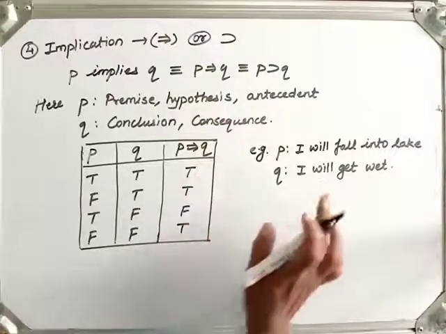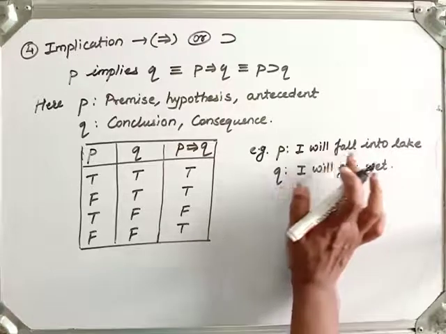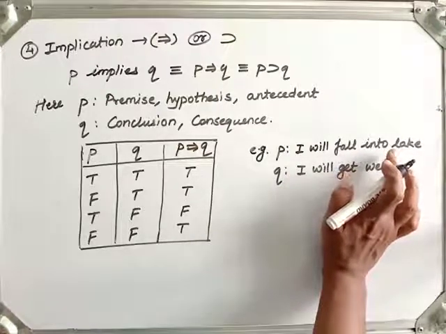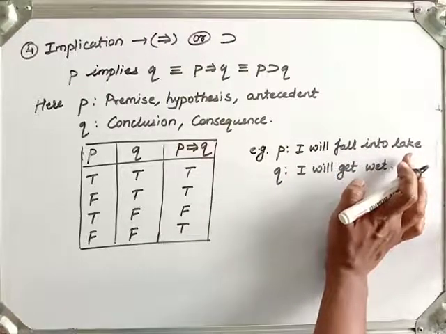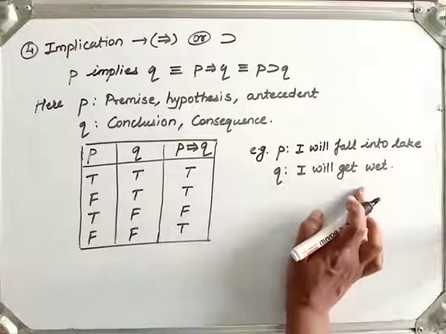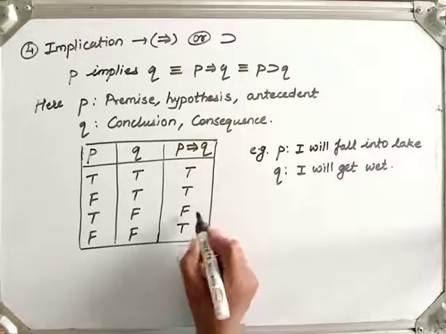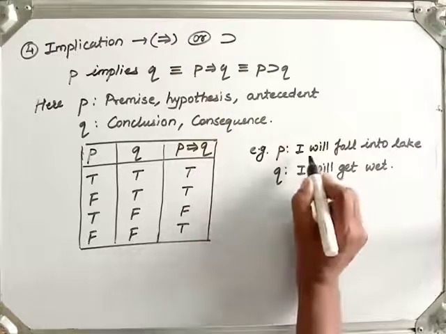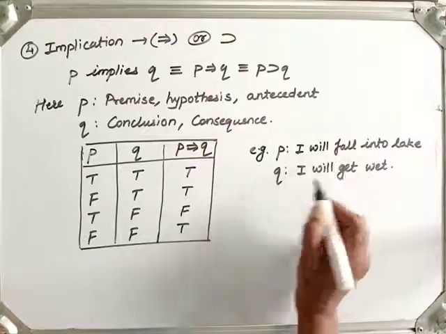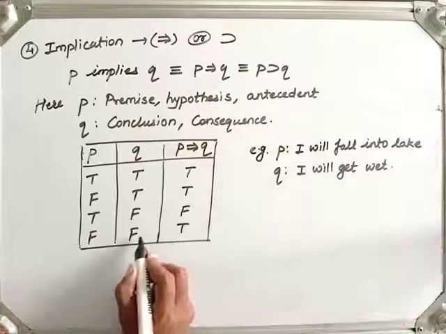Now if I will not fall into the lake, then I will get wet. Is this okay? No. So that time it will become false. Or if I will not fall into the lake, I will not get wet, means both are false.